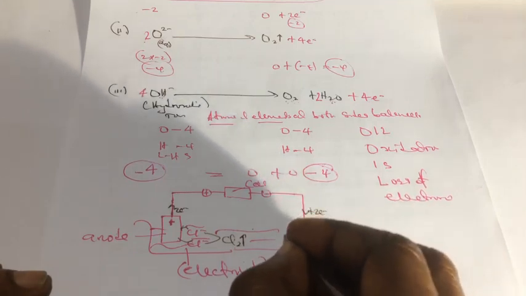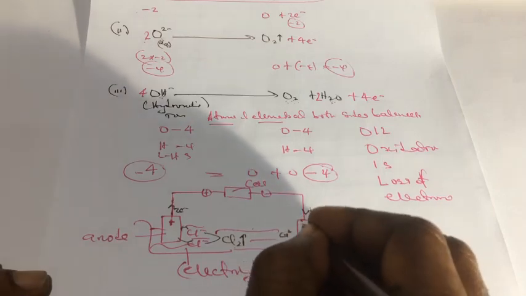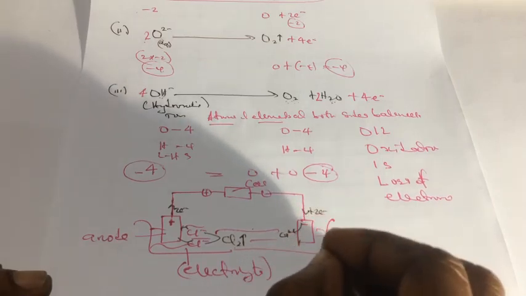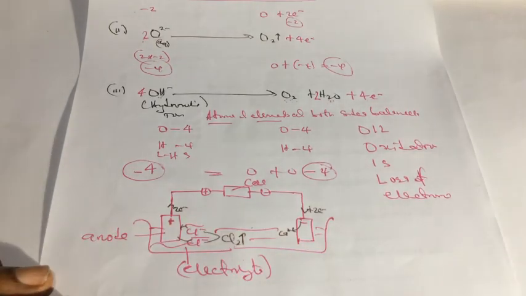Now let's assume you also have calcium ion. Calcium ion will take the two electrons and be reduced to calcium at the cathode.